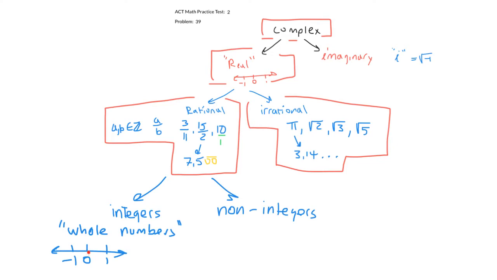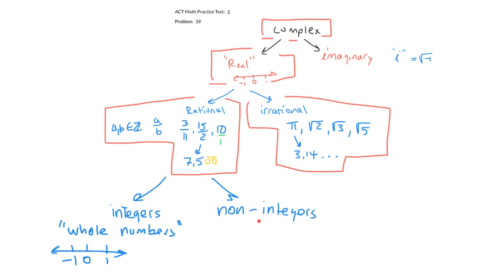So 0, yes, 0 is an integer. It's the only integer, by the way, that's neither positive nor negative. Every other integer is either positive, because you have positive tick marks forever to the right on the number line, or you have negative tick marks forever to the left. But the only integer that is neither positive nor negative is 0, so that's kind of interesting.